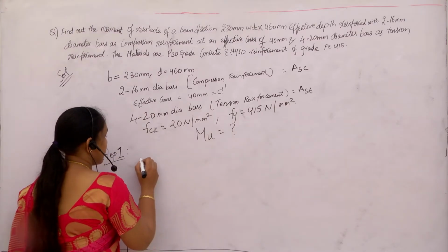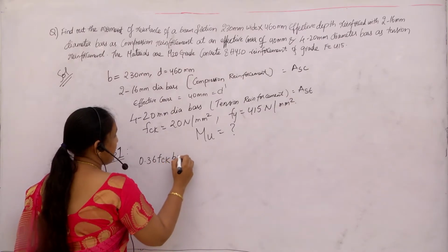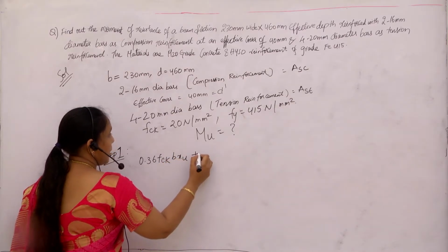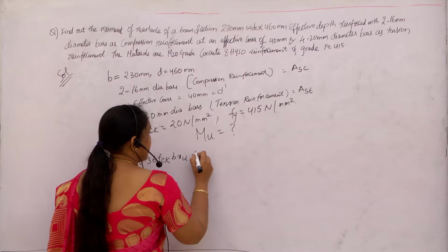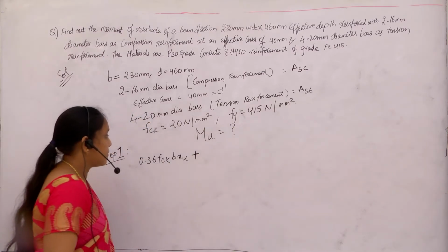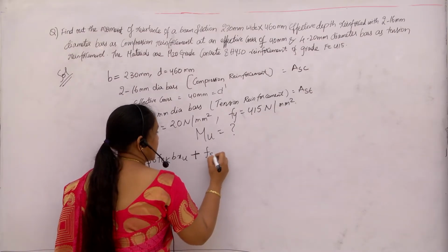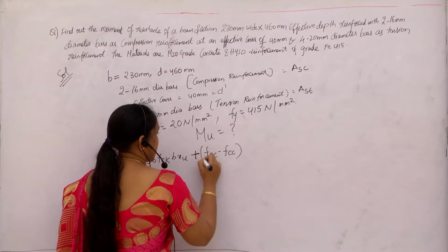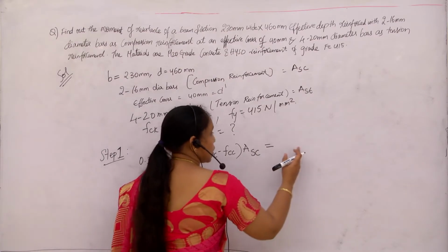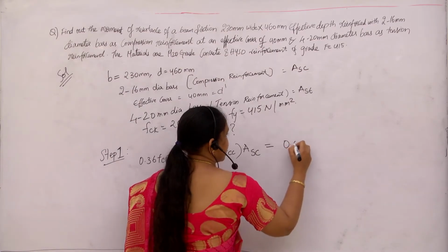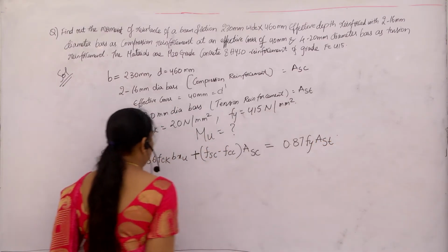So what are the total forces of compression? It will be 0.36 fck b xu plus (fsc minus fcc) into Asc, which will be equal to the total force in tension, which is 0.87 fy into Ast.